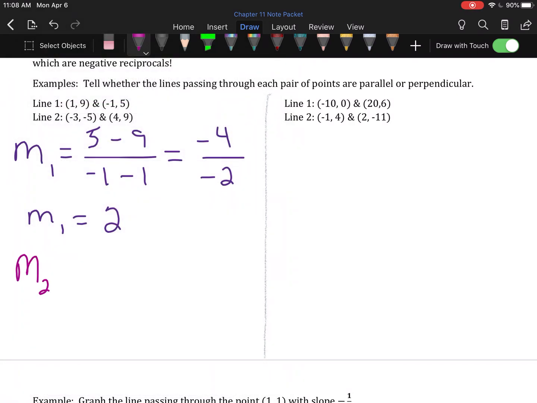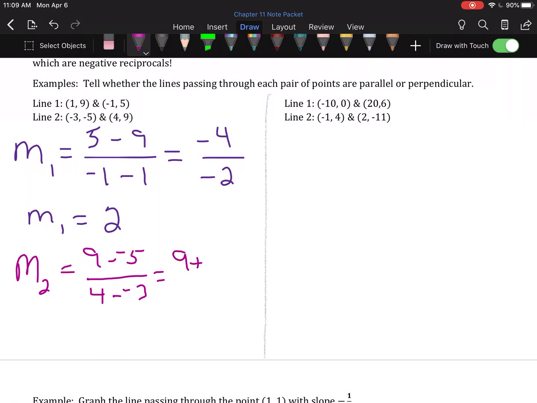Slope of the second line. Y2, that's 9, minus Y1, so minus -5, over X2, which is 4, minus X1, so minus -3. Again, all these minus negatives are hanging out, so we've got to make those all addition.